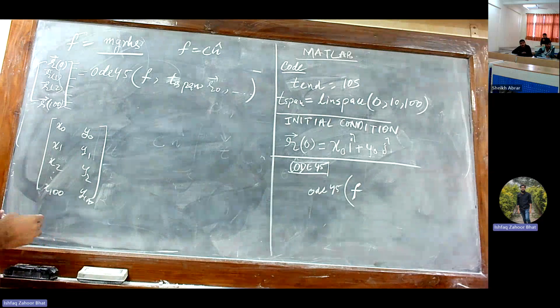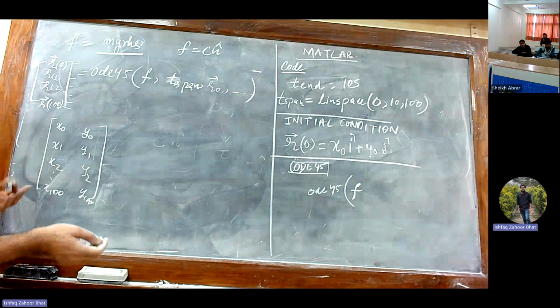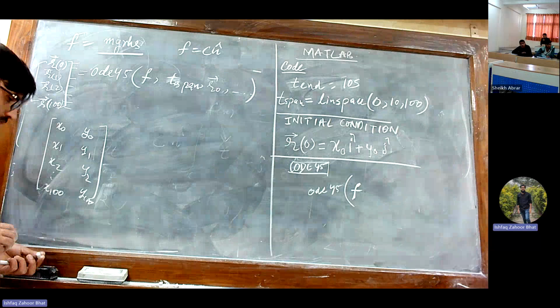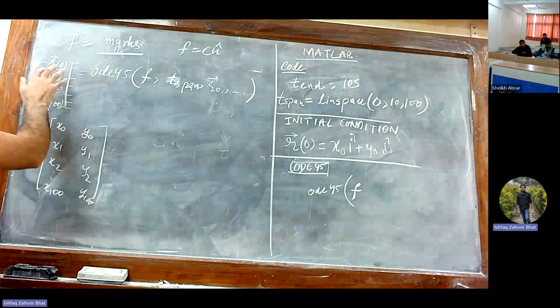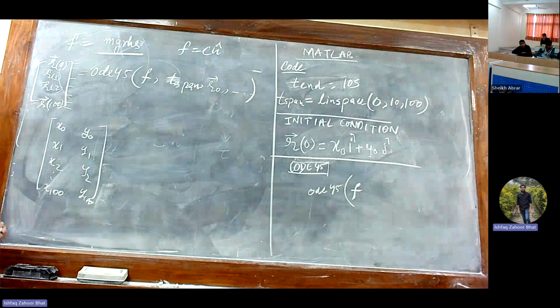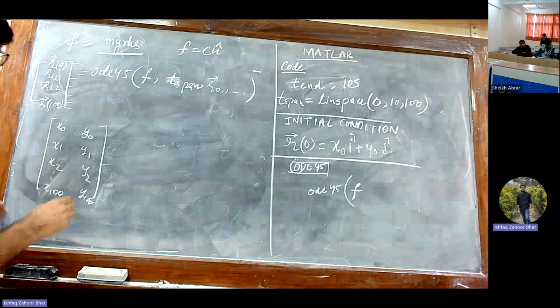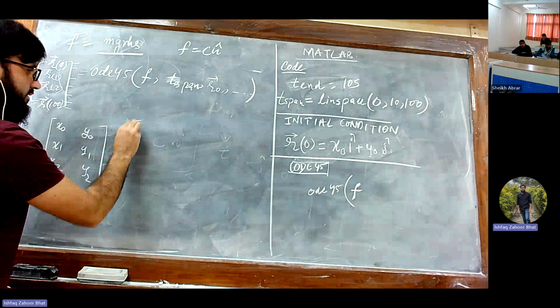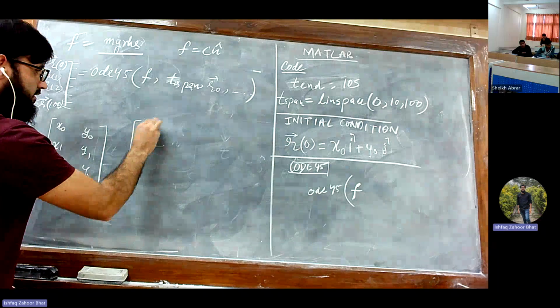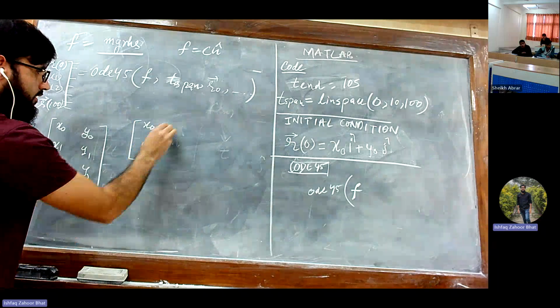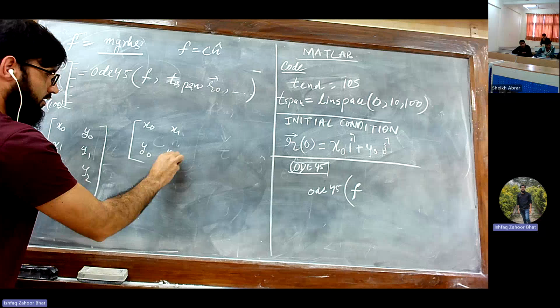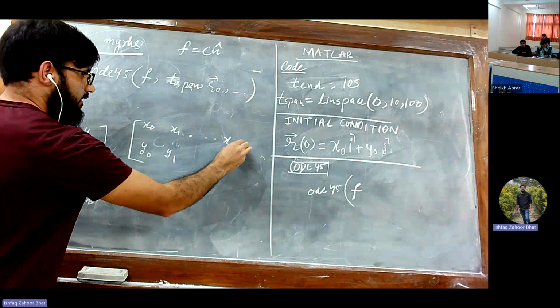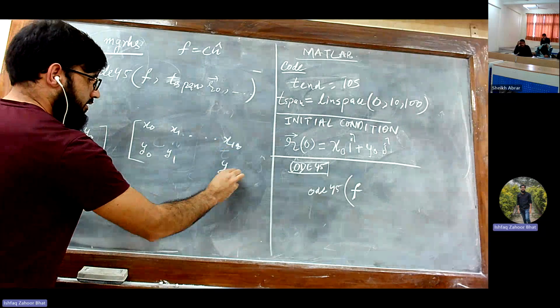It depends upon how you take it. It can return the matrix like this, or it can also return it as x0, y0, x1, y1, so on, up to x100, y100.